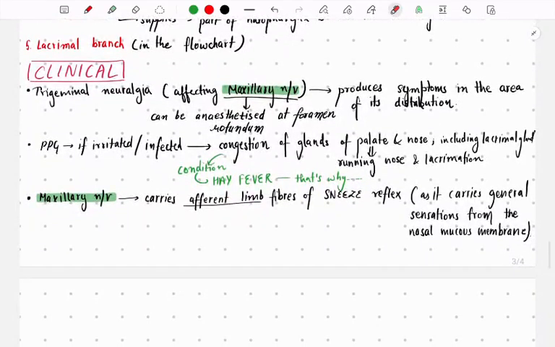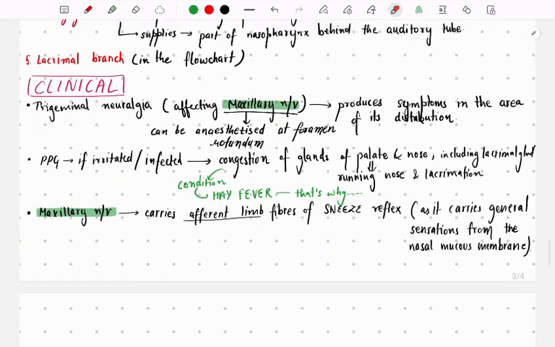Then there is some clinical anatomy related to this ganglion also. First of all, we know that trigeminal neuralgia can affect the ophthalmic division of the nerve, or the maxillary or the mandibular division. Here we are specifically talking about the maxillary nerve.